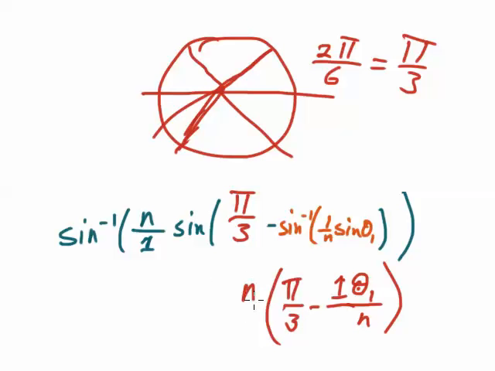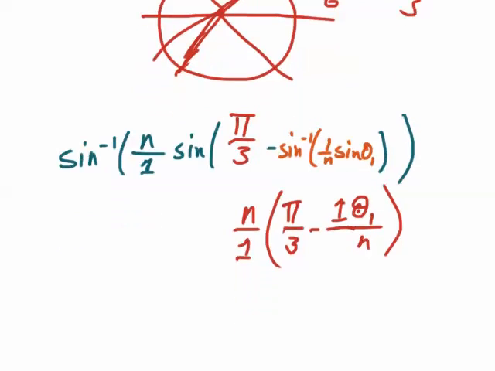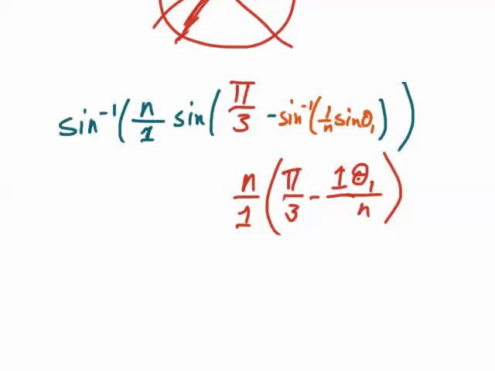We'll have n over 1 and get rid of that sine there. And wow, that is a great simplification, isn't it? We basically just removed all of the sine terms and treated it as a function that means times 1. So we can multiply through by n. We'll have n pi over 3 minus theta 1.